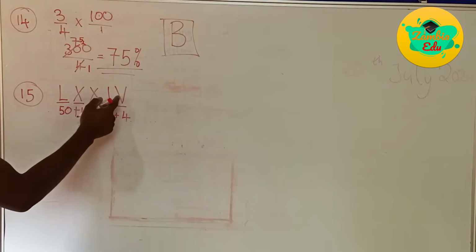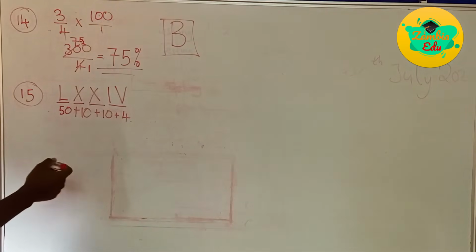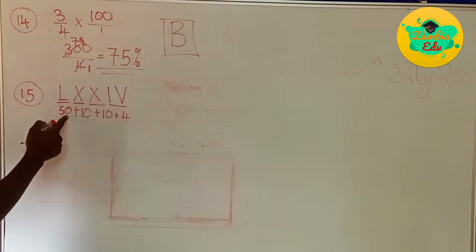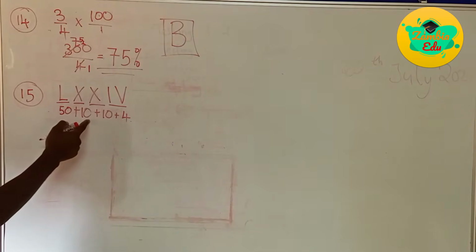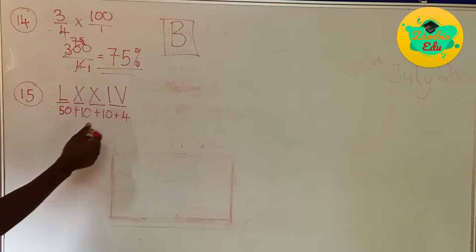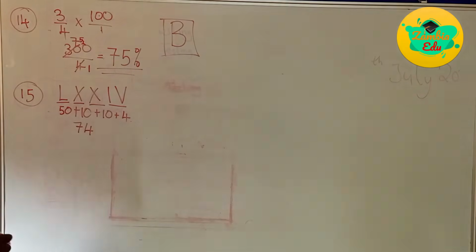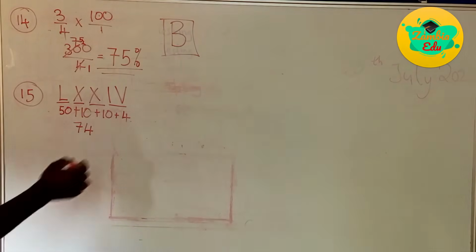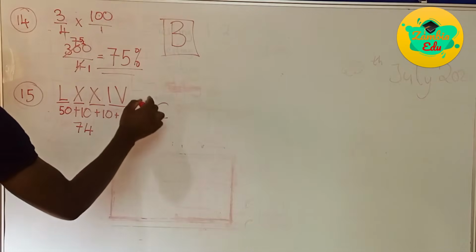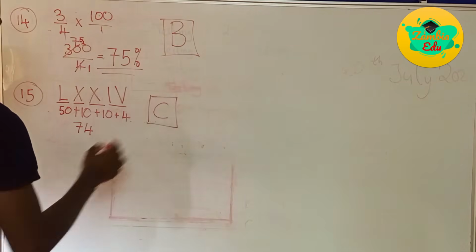So it's 5 take away 1, which gives us a 4. So 50 plus 10, 60, plus another 10, 70, plus 4, it gives us 74. And if we look at our multiple choice, we have A being 54, B being 64, C being 74, and therefore our answer for number 15 is C.